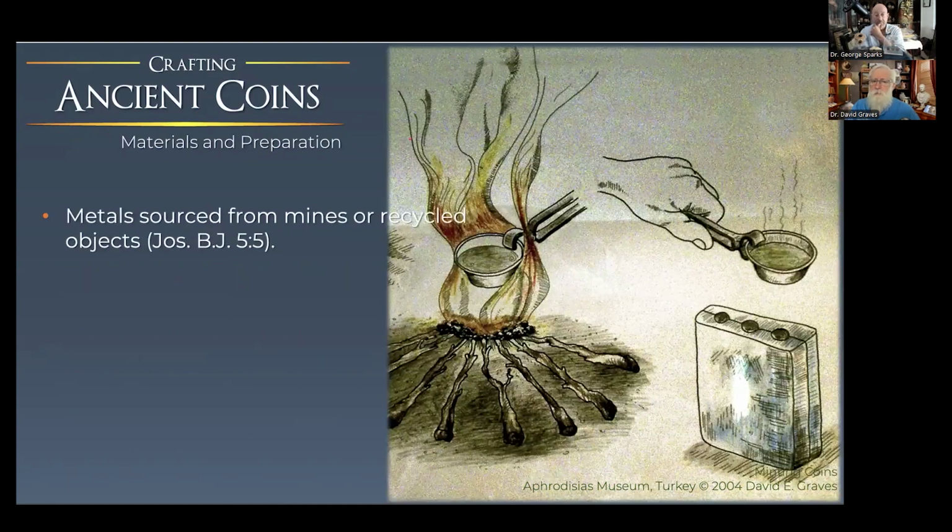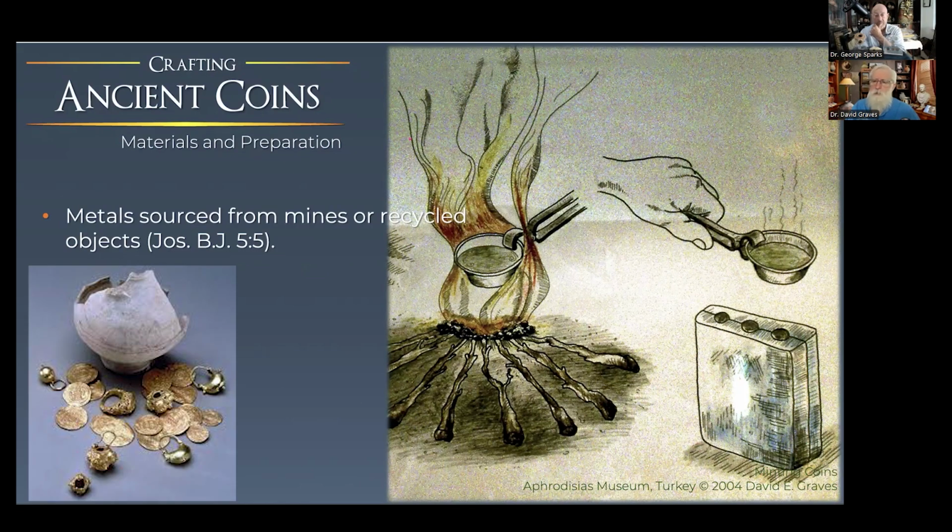They sourced their metals from the mines and recycled objects, sometimes other objects that were made, jewelry and so forth. They speculate that after 70 AD there was a rise in the existence of gold coins. The speculation is that the gold coins came from the gold objects that were taken from the temple. And that's why we have an increase in gold coins.